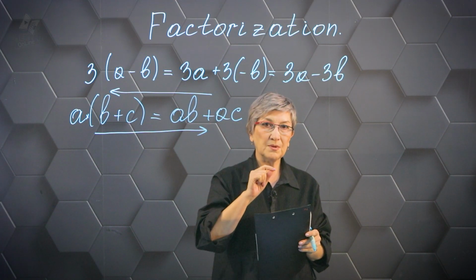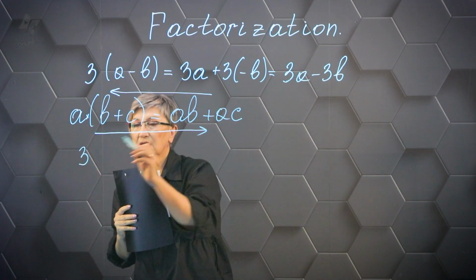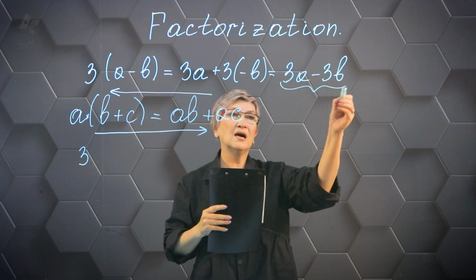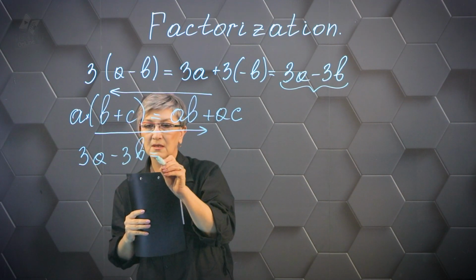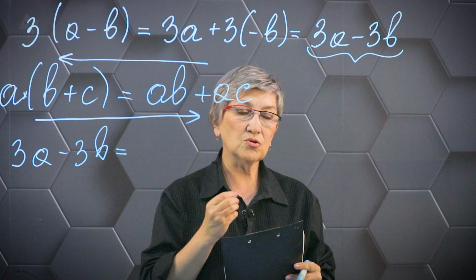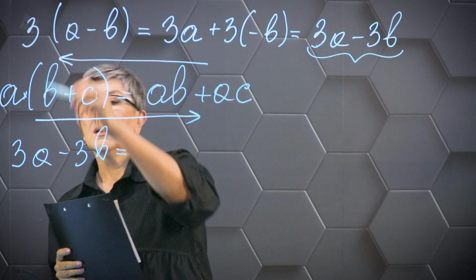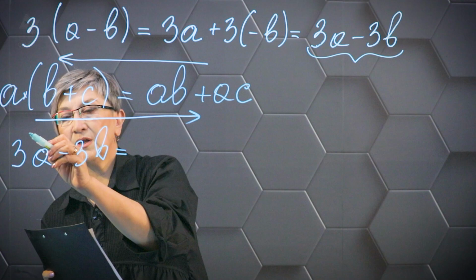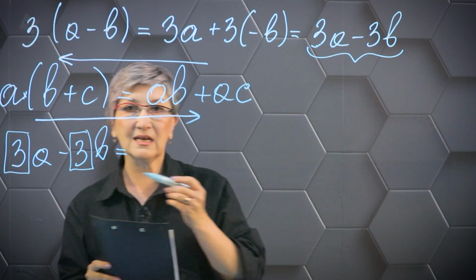Let's go back to our example. I want to factor our expression 3a minus 3b and write this expression using parentheses. What do I need to see to do this? I have the same multiplier in both terms of our expression. That's 3.